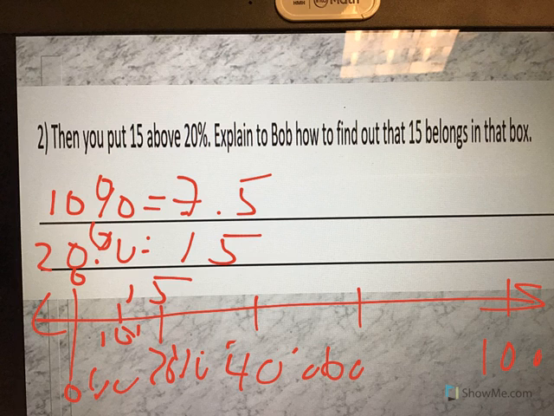What was missing there was 80%. So if you're trying to skip count and figure out why it's not working, that's why. So I know that I have 20% is 15, 40% is 30, 60% is 45, 80% is 60, and 75 over the 100.